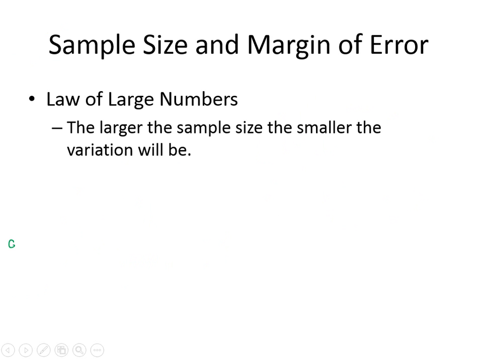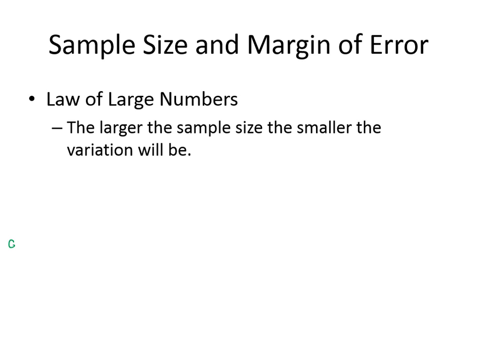Sample size and margin of error are kind of important whenever you take a sample. There's something called the law of large numbers, which basically says that the larger your sample size, the closer it will be to the actual number, or the smaller the variations will be. If you take a small sample of like 10 people and you ask, who should win this election between candidate A and candidate B?